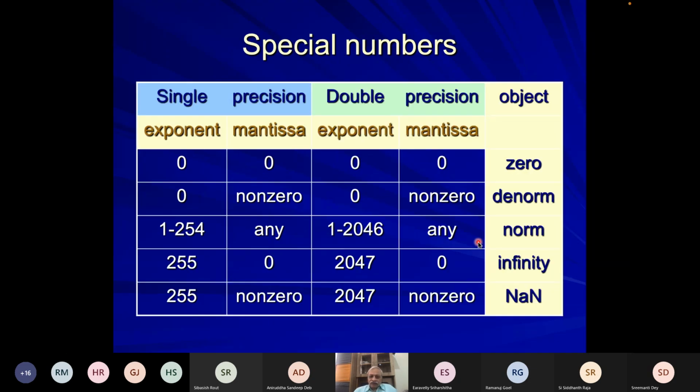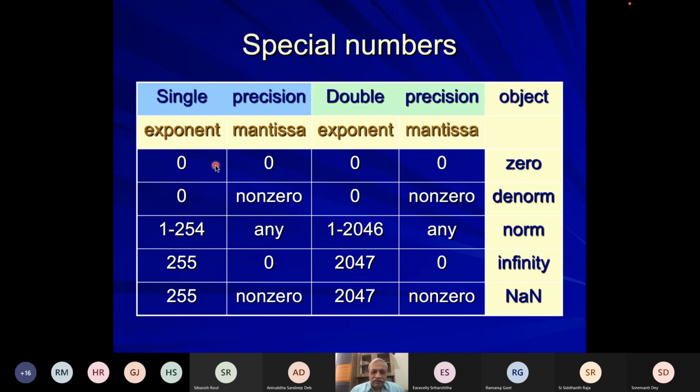Now, finally, the special bit patterns. Here is a table showing special representations in single precision in the left two columns, double precision in the next two columns, and the object being represented. Both exponent and mantissa 0 represent 0.